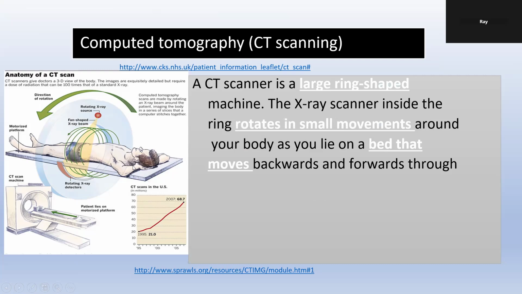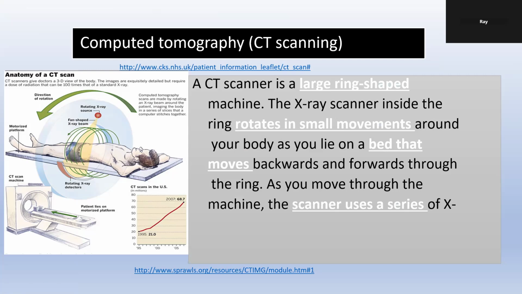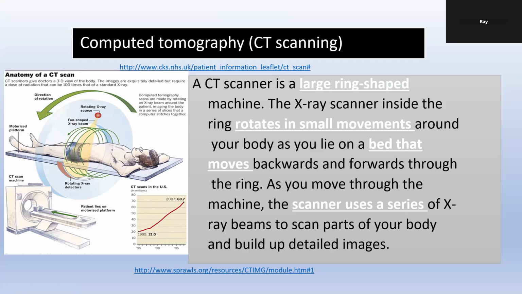This bed can go forward or backwards through the ring. As you move through the machine, the scanner uses a series of X-ray beams to scan parts of your body and build up detailed images.